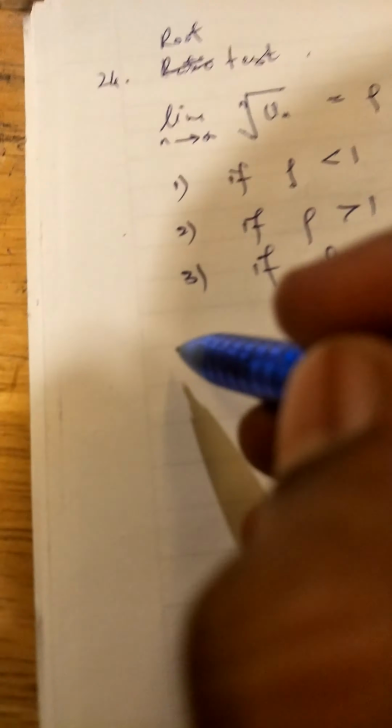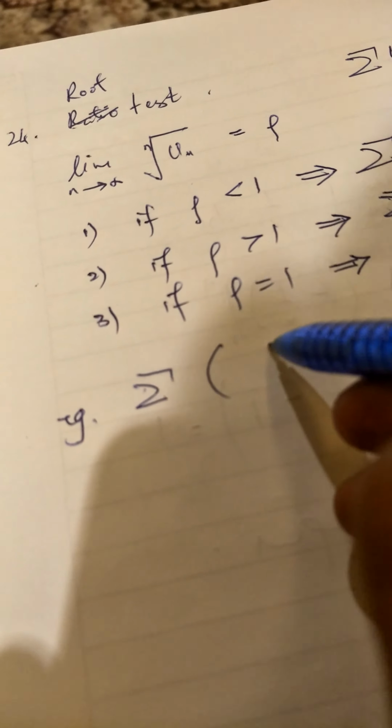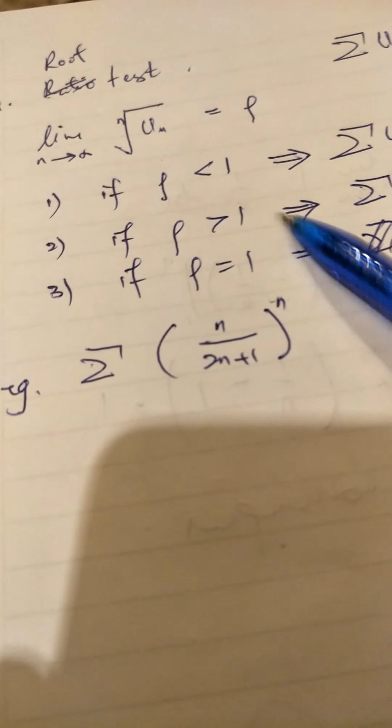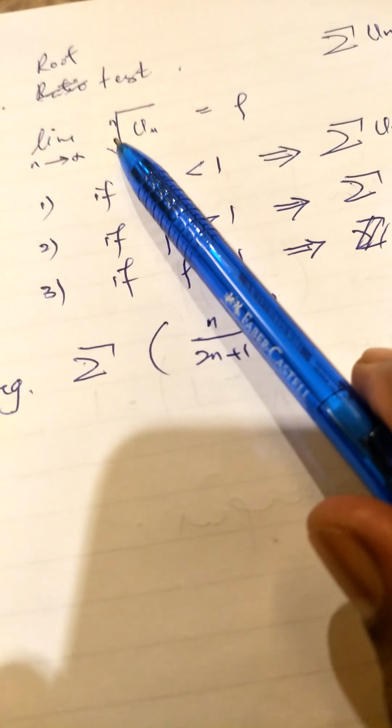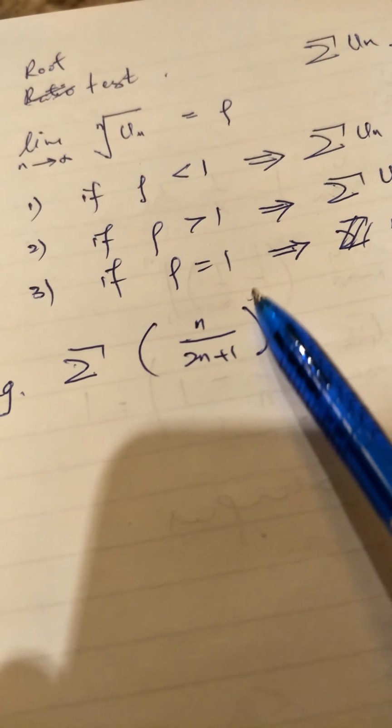Let's see a simple case first. Let's consider this example: n over 2n plus 1, to the power n. Now we want to determine whether this series converges or diverges. One of the hints to use the root test is to look at the power here.